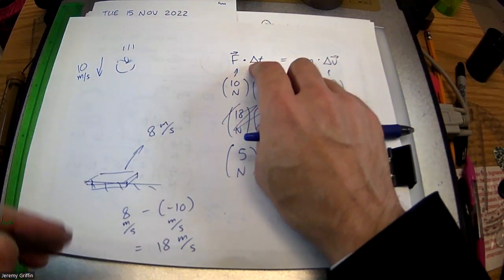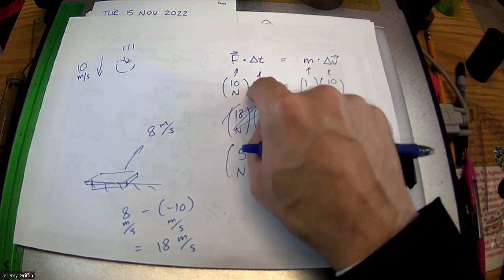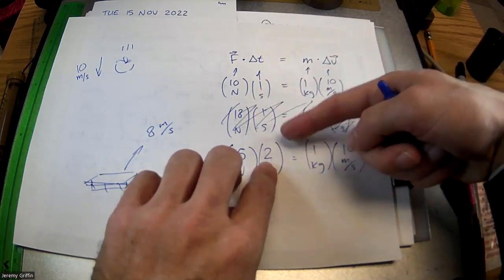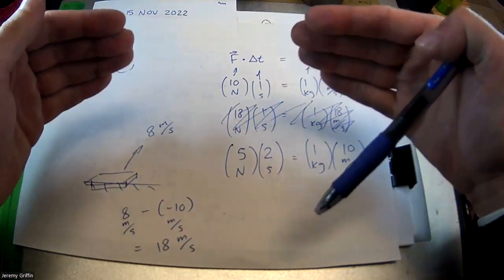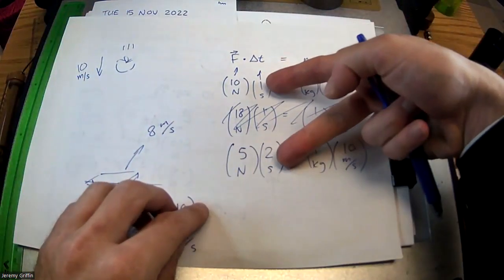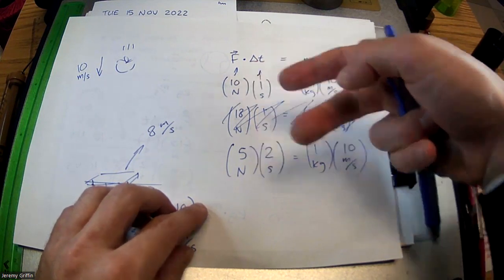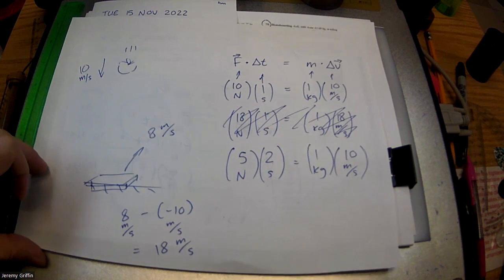If you land on the sidewalk, you crash all at once, a tiny fraction of a second. Small time interval, huge force. But if you can extend that time interval, say double it, you'll have half the force, which would be a better way to land. You guys hear that?